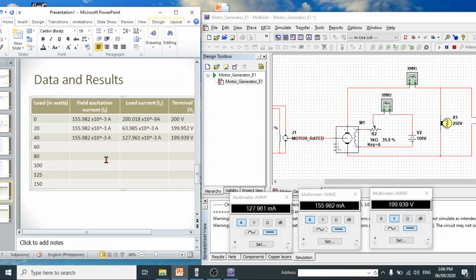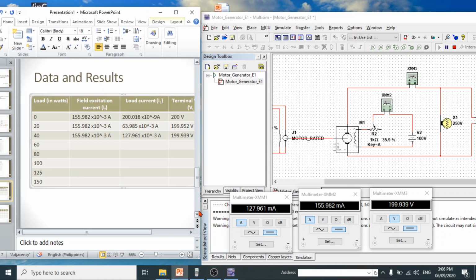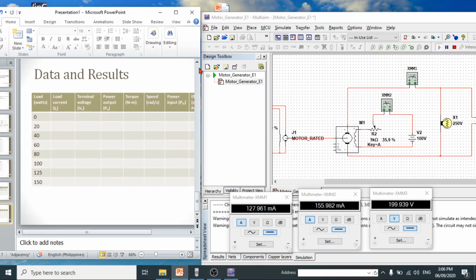Okay, so you'll be tasked to continue gathering the data for the rest of the load wattage of the virtual lamp. Next, we go to the second table.